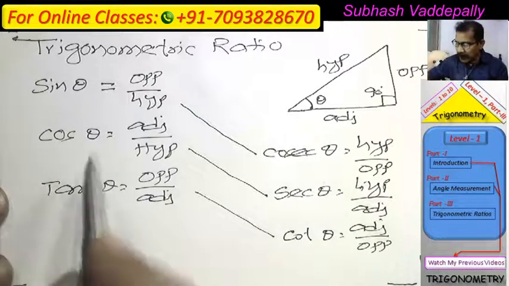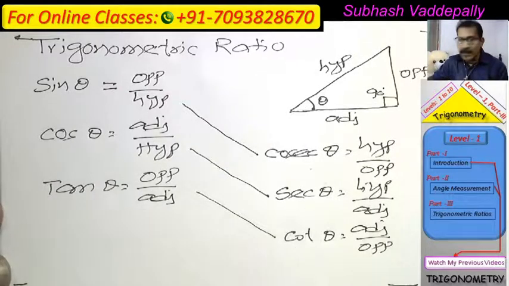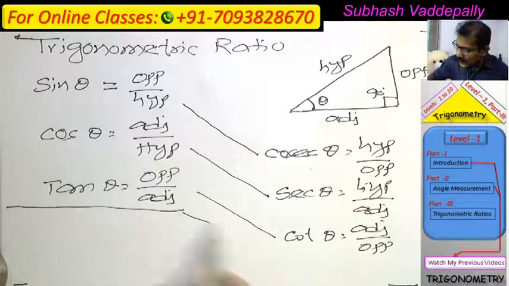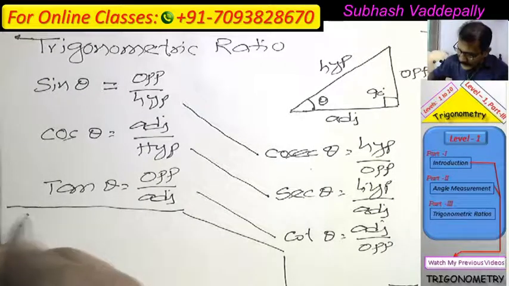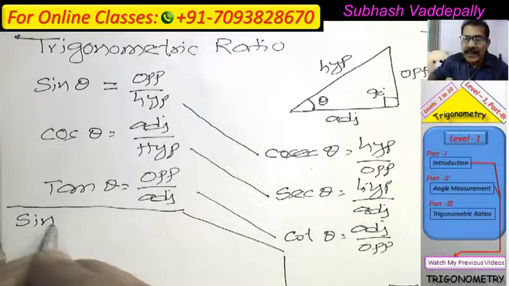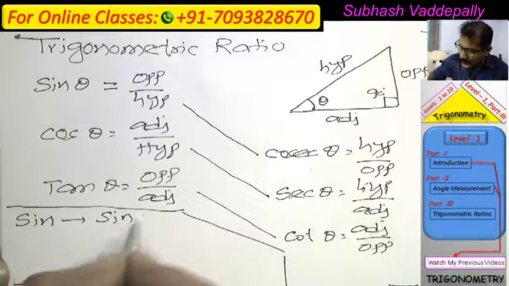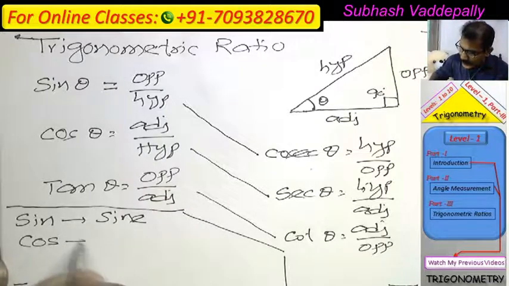In fact, here we are writing only short forms. Actually, all these six ratios have their full forms. Let me give all the full forms of these six ratios. We are just writing sin, in fact its full form is sine, and we write just cos, but it is nothing but cosine.